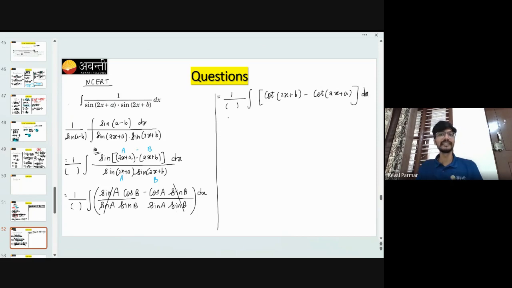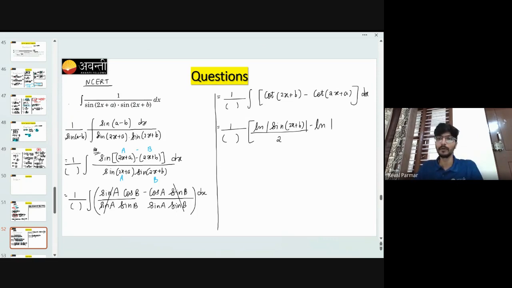Now both of these integrations are simple, as we know the integration of cot is log mod sin. So I can write it as 1 upon sin(a minus b) into the integration of cot, ln mod sin(2x plus b). Don't forget upon 2. Why upon 2? Because it is the coefficient of x.